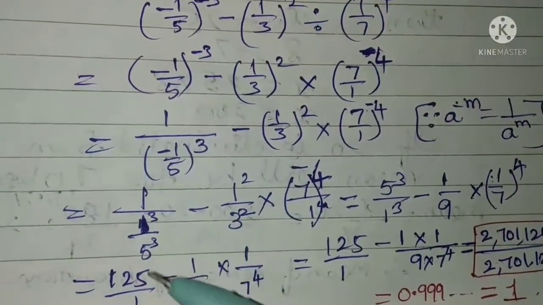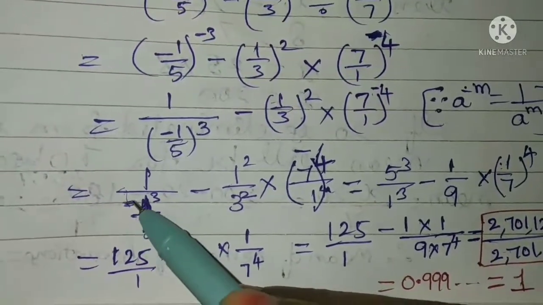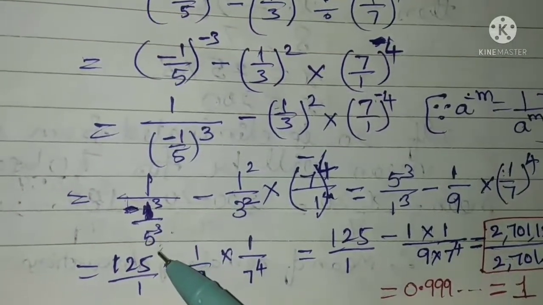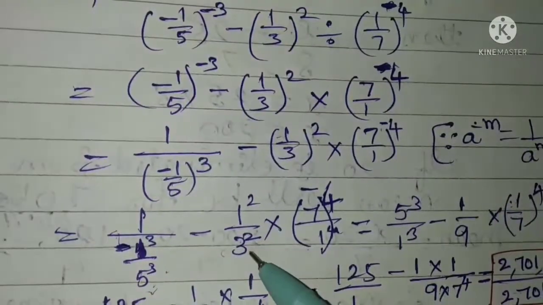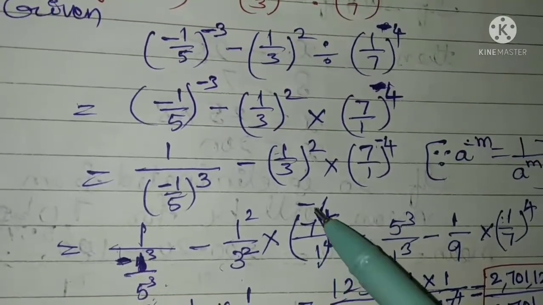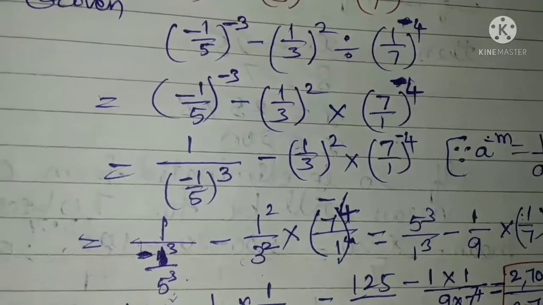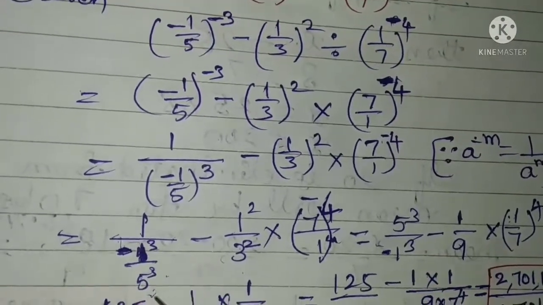Minus 1 whole cube will become minus 1, and 5 cube will become 125, and minus 1 by minus 1 square by 3 square into 7 by 1 whole power minus 4.